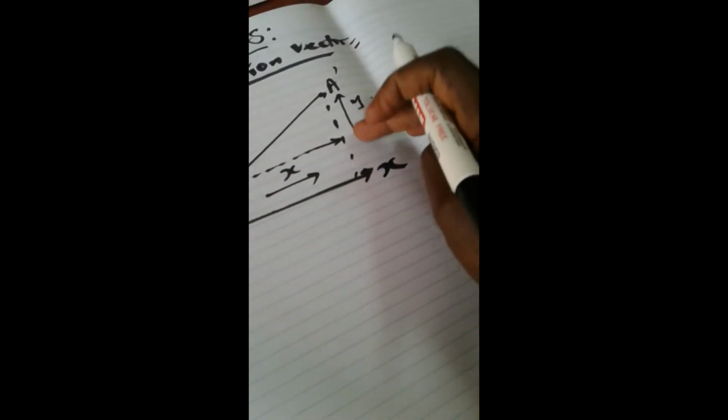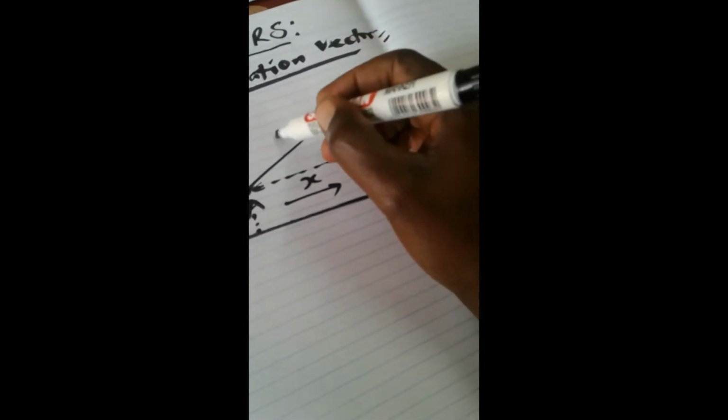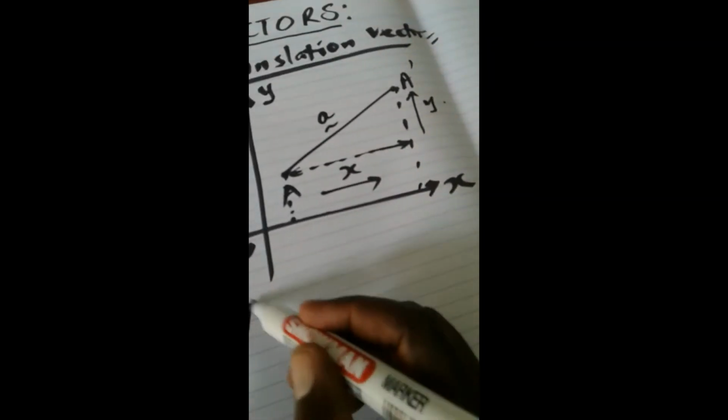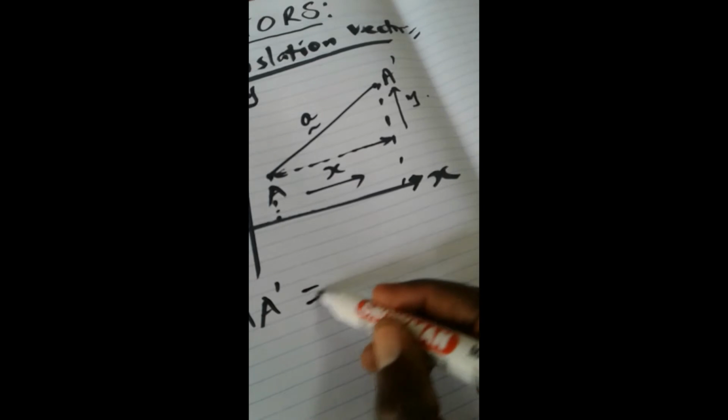Then finally some spaces along the y-axis, and this is a shift along the x-axis, a shift along the y-axis, and eventually reach point A prime, and we can represent that one with a single letter A. Therefore A prime can be given as a single letter A.